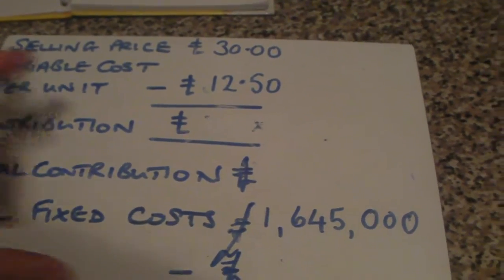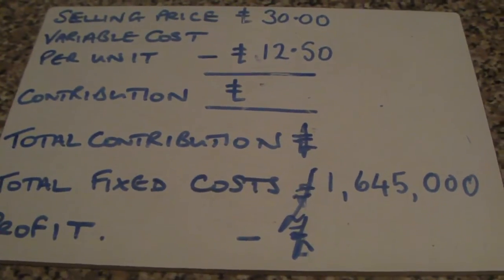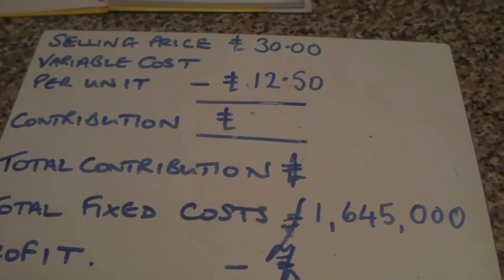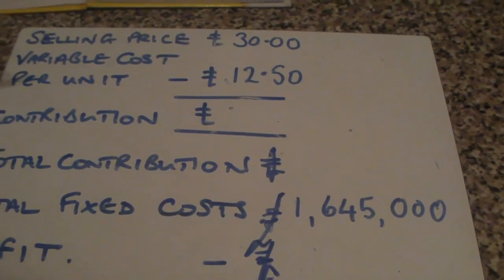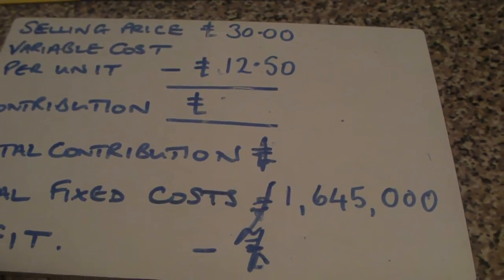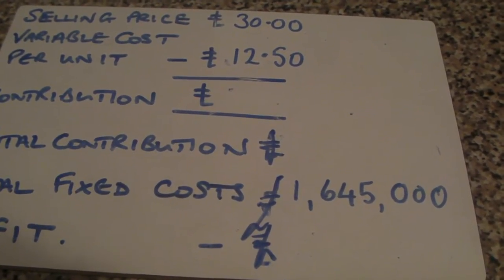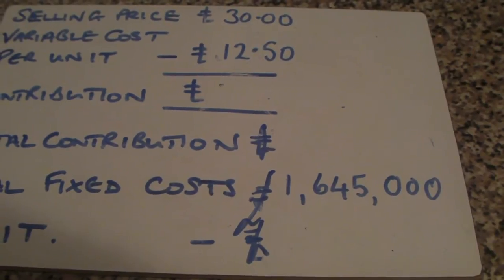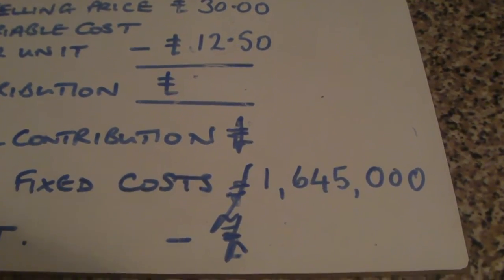Okay, so your challenge now is to work out what will be the total profit that this particular company would make on this computer game in the first year, assuming that they sell 106,000 units of this product.